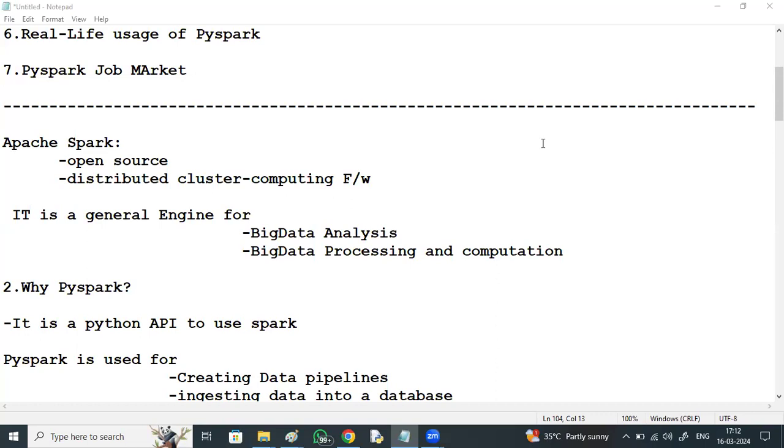I said I'll also cover integration with Kafka. Kafka is a streaming component, which is mostly used in the industry, right? And PySpark computation with Kafka streaming, I said I'll discuss. Deployment strategy, yes, I'll be discussing this.